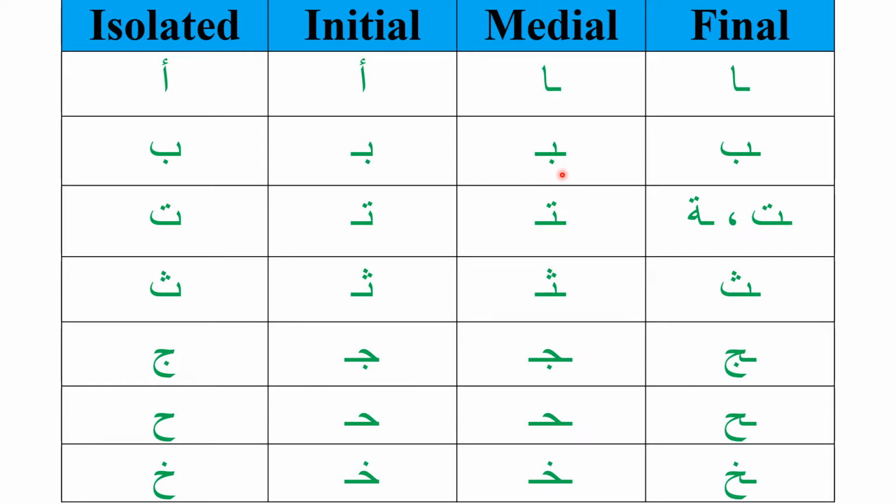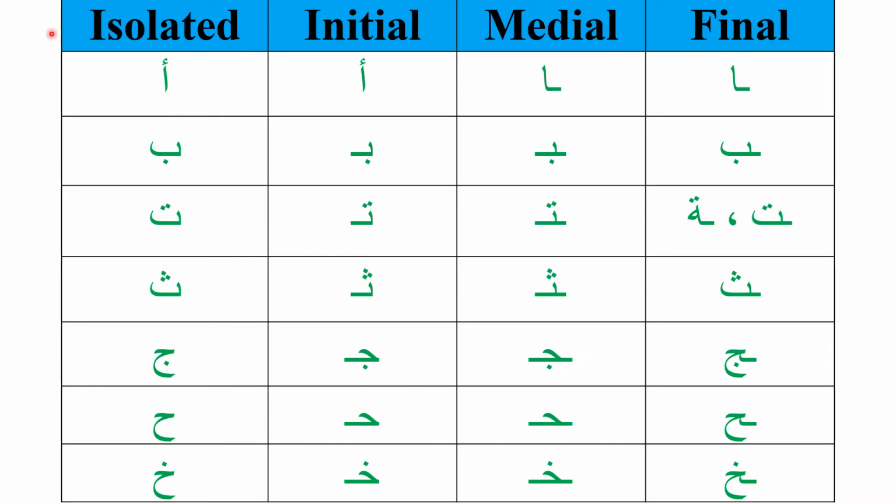This is what it looks like in the middle, which means it has something connected to both sides to make a word. And this is what it looks like when it's final, also connecting to something on its right.